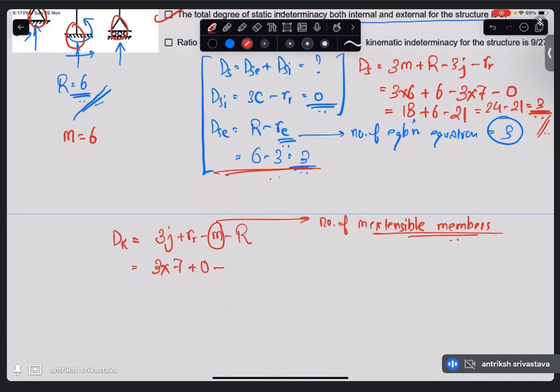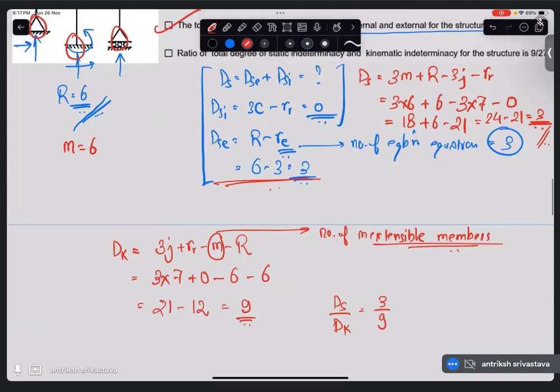So then m is 6, and minus r is also 6. 21 minus 12, what is that? 9. So if you take the ratio ds by dk, you have 3 by 9, which is also 9 by 27.